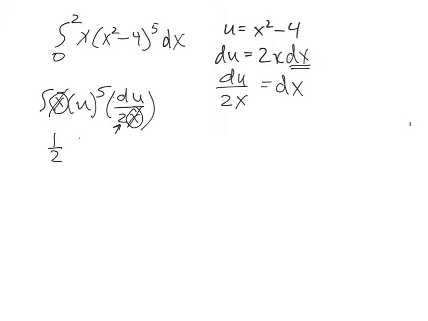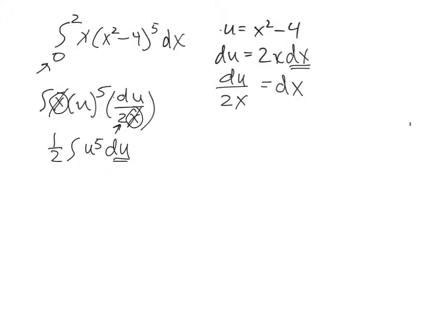We still have the 1/2 integrating u to the 5th du. Now notice in this case, we did not put the integral limits because we're in terms of u instead of x, and x is what's going from 0 to 2. However, let's take a look at what this would be in terms of u.